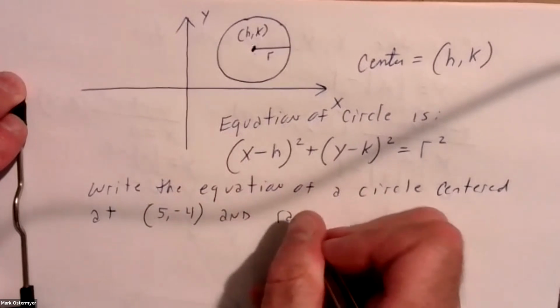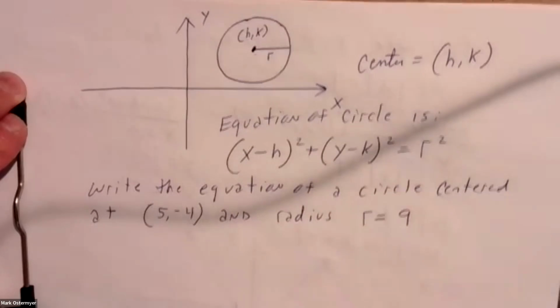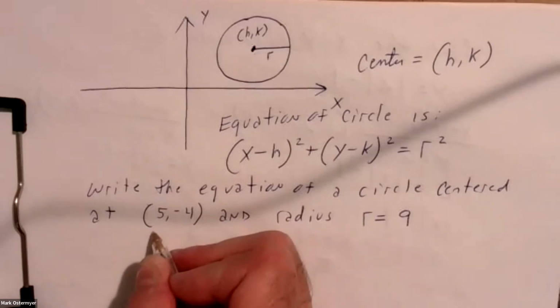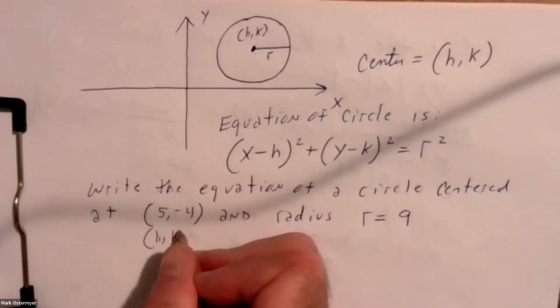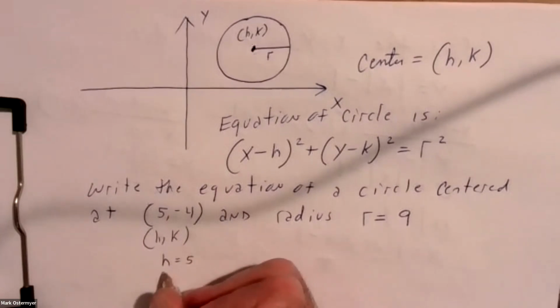And suppose that the circle has a radius of r equal to 9. Well, this is our center point, so that's going to be (h, k). So h is 5 and k is -4.